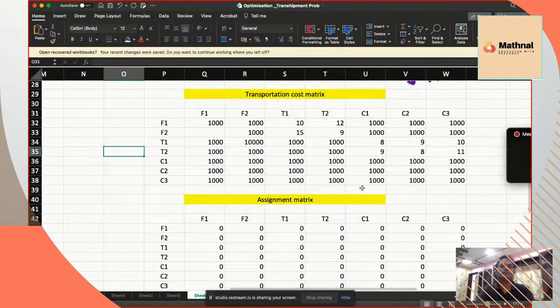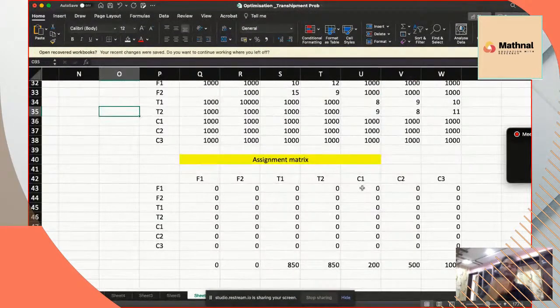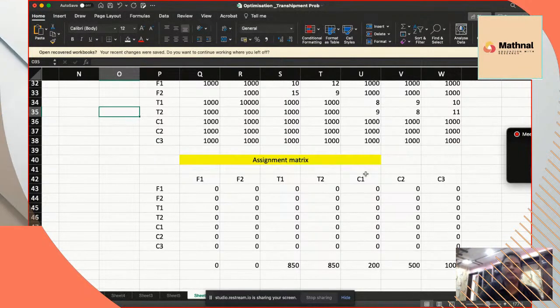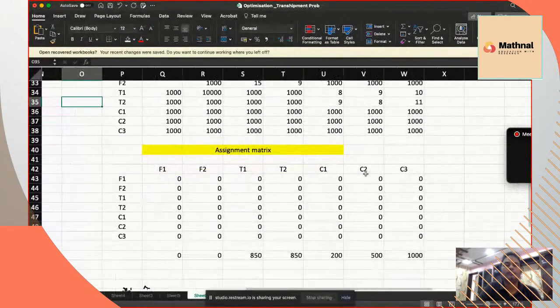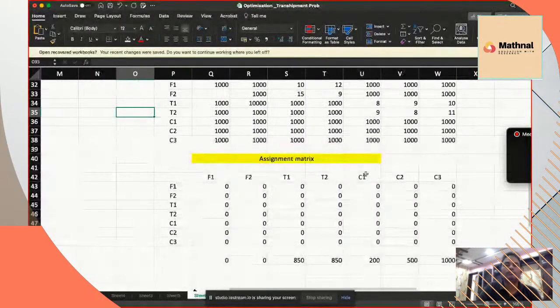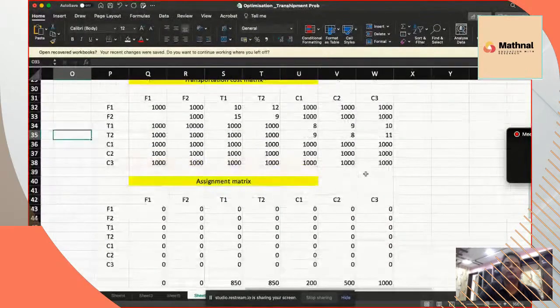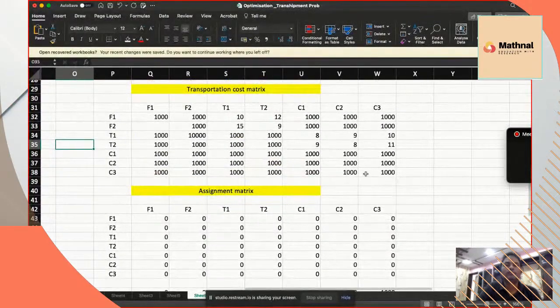Okay, is it clear? What did you achieve? Yes, Priyanka, what are we trying to achieve? To meet the demand. Yes, Krish. What is the objective?